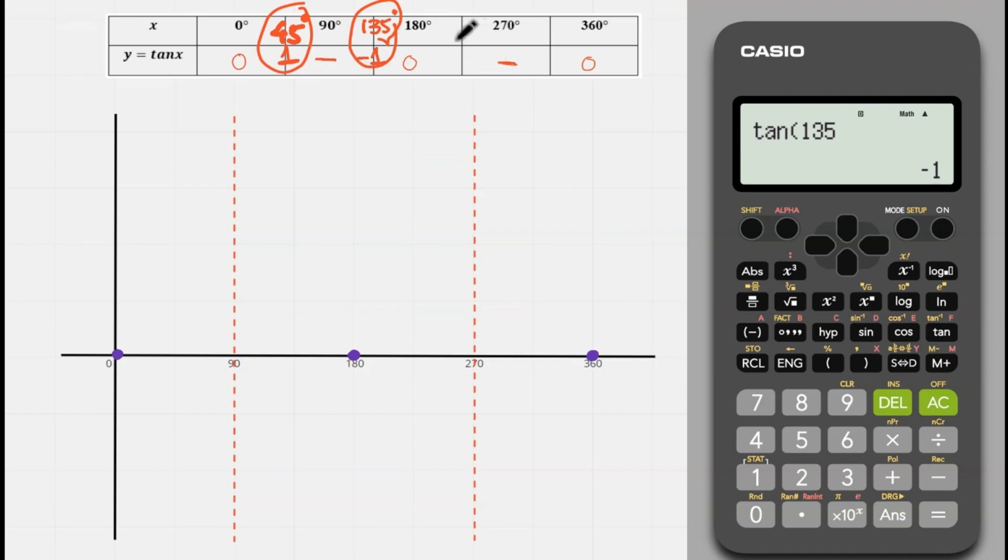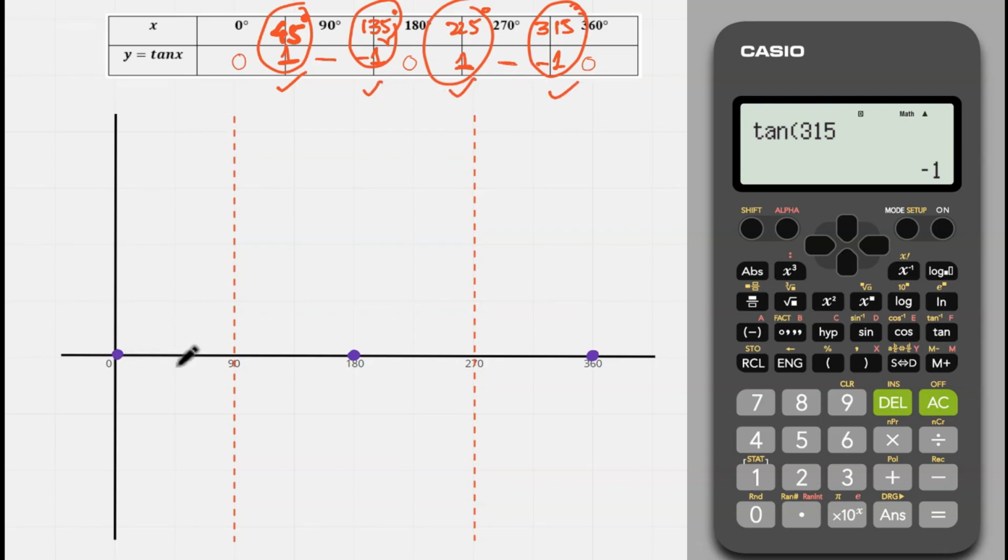Half of 180 and 270 is 225, and tan of 225 is 1 again. Half of 270 and 360 is 315 degrees, and tan of 315 degrees is minus 1 again. So see, 1, minus 1, 1, and minus 1.